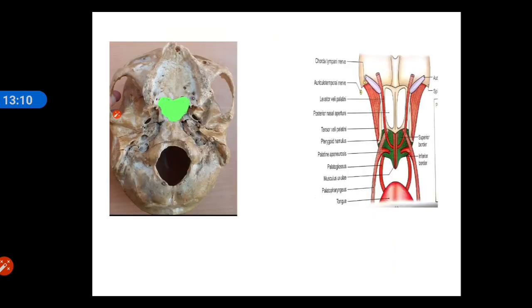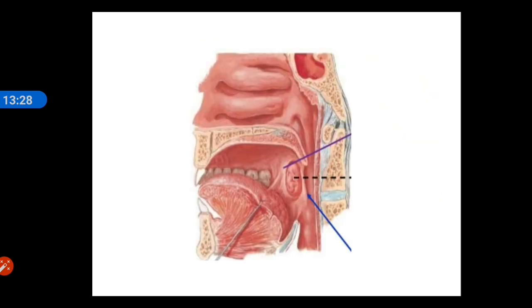Now next, we will see about the palatoglossus. So palatoglossus is very simple. It arises from the lower aspect of the palatine aponeurosis, and it is attached to a fold. We will see it here.